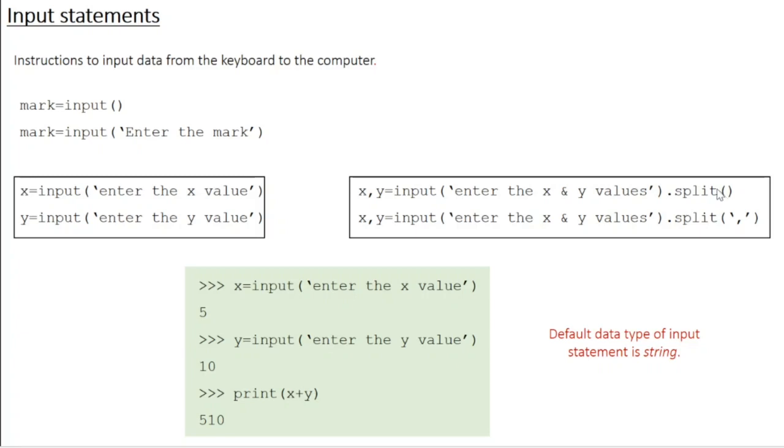So here once you enter this, you will see the prompt, enter the x and y values. The cursor will be blinking under that. You enter the x value, put a space, then enter the y value. Let's see how does this work.